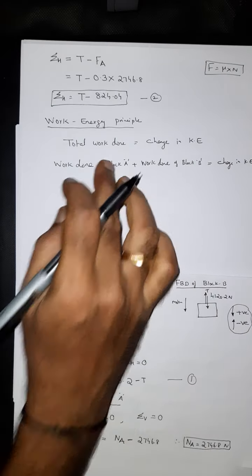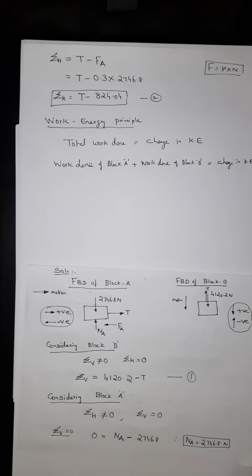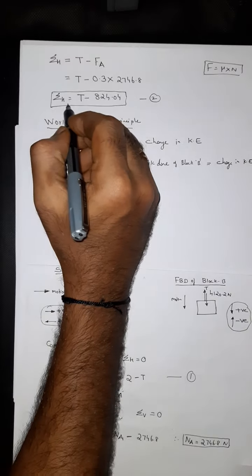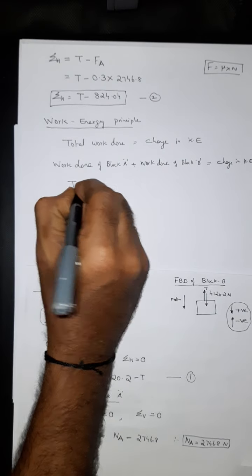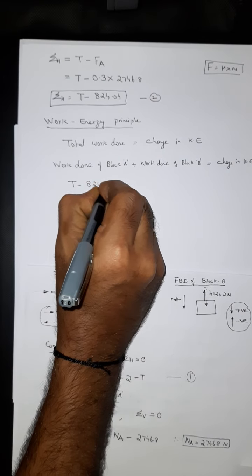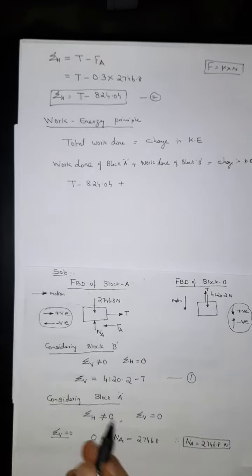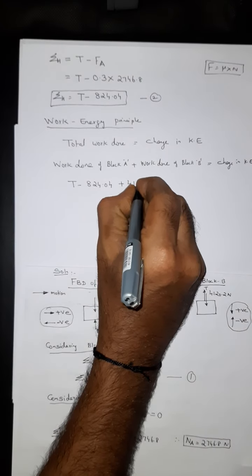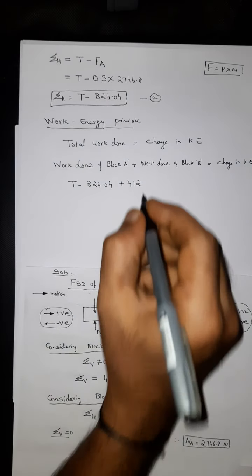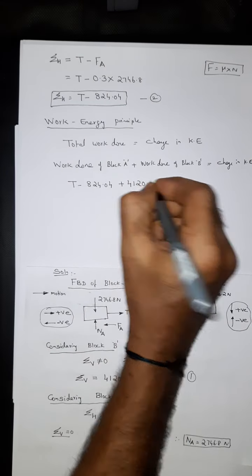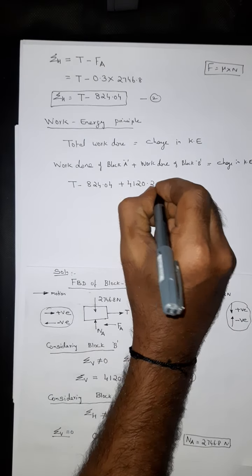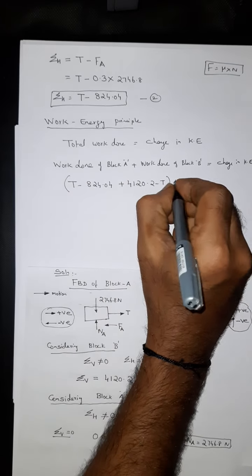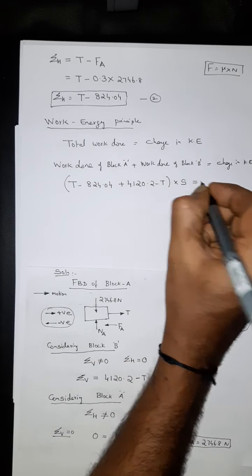Work done of the block A is T minus 824.04, plus work done of the block B is 4120 minus T, this is force, right, into its displacement or distance.